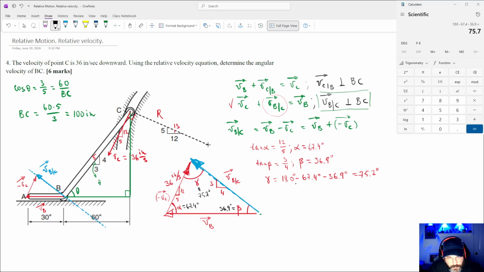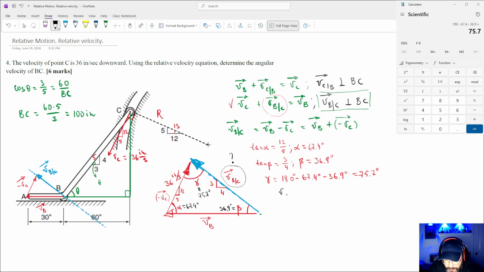Okay, so what do we need? We need the angular velocity of BC. So we only need this relative velocity. That's the only thing we need. Okay, so let's use sine law.